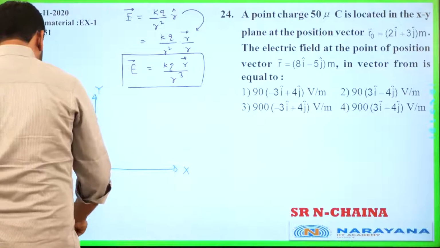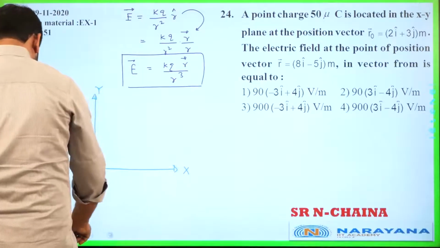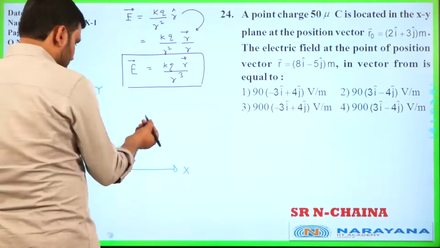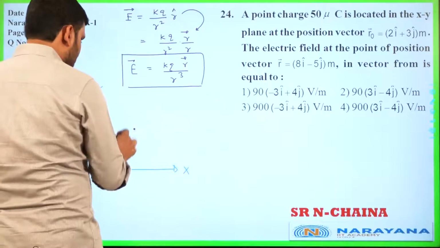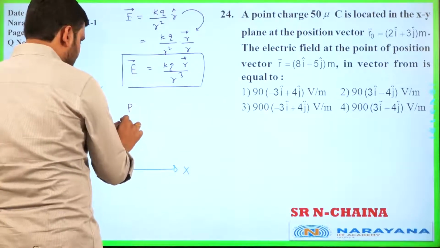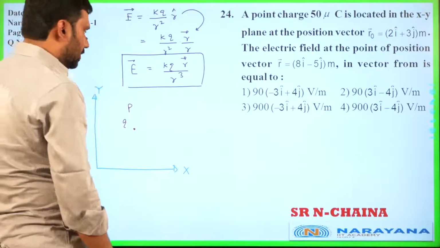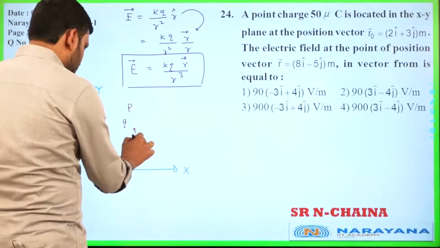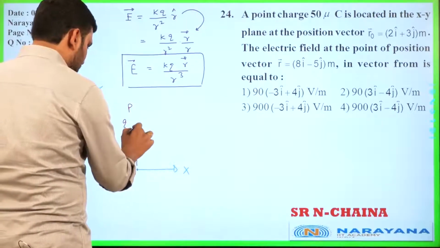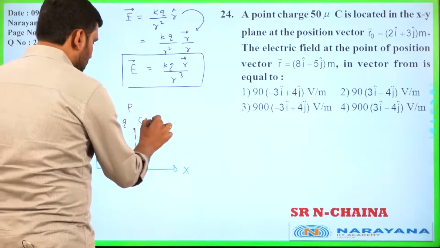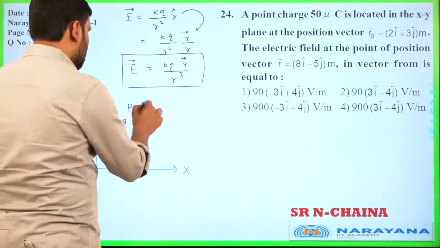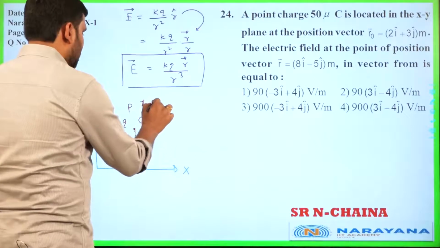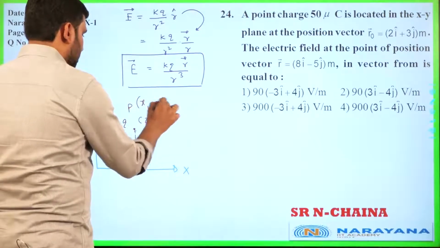So let us assume that it is here. This is point P where charge Q is situated. Its coordinate is given as 2, 3. So let us call this x1, y1.